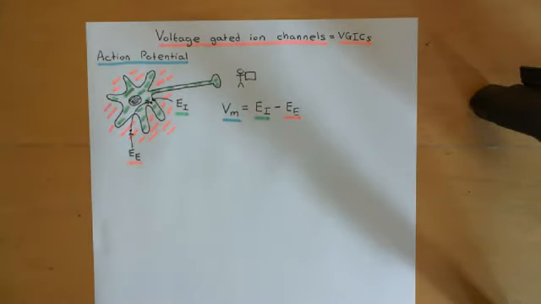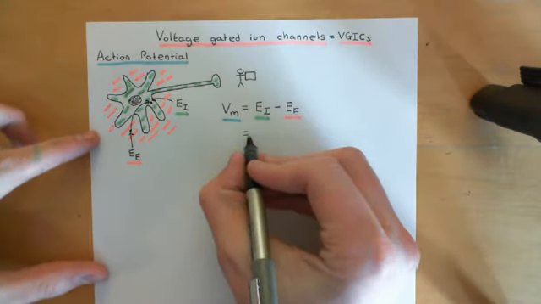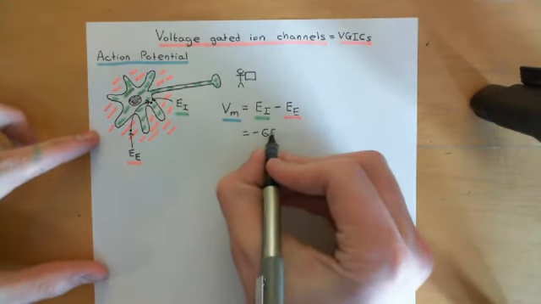So that is what is meant by the electrical potential difference across the cell membrane. It's how much your electrical potential would change if you move from extracellular to intracellular. Now, this is usually a value of negative 65 millivolts.